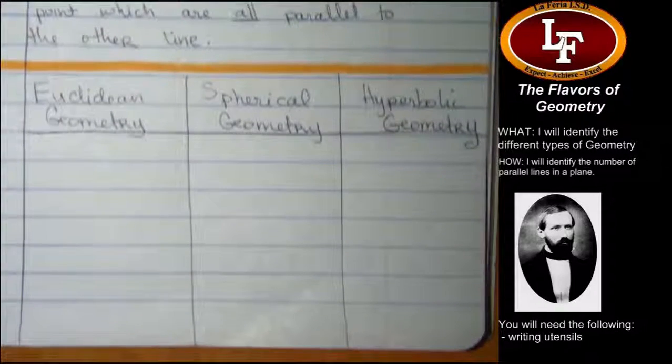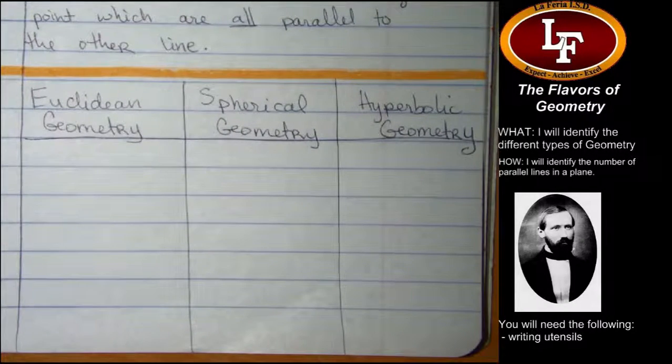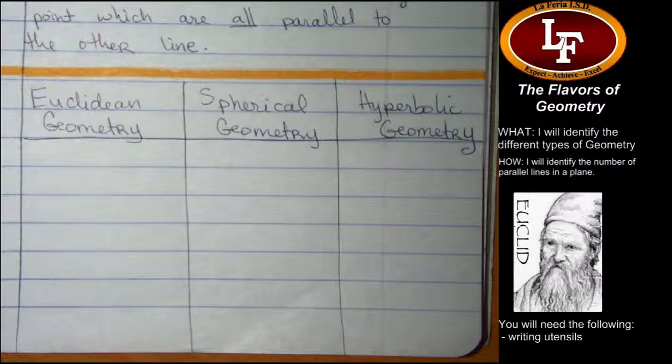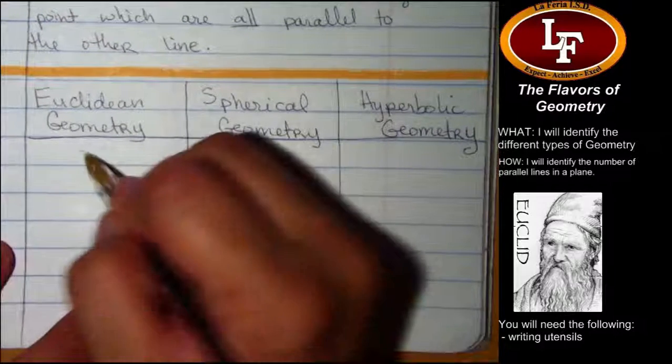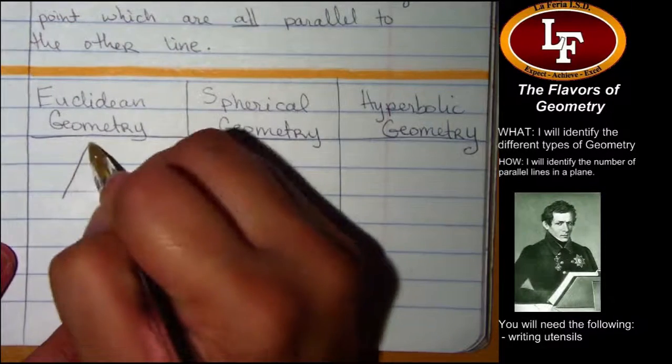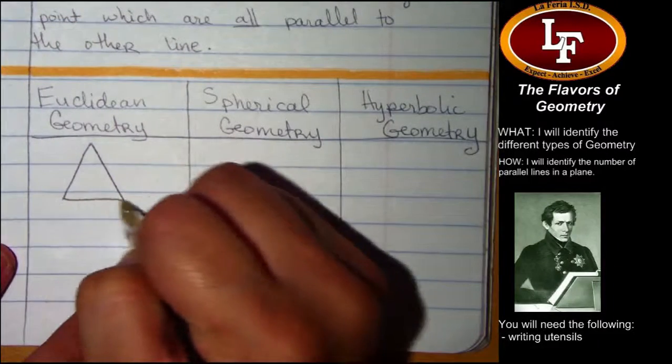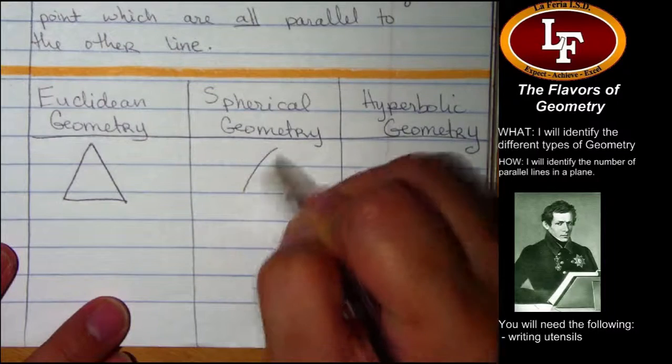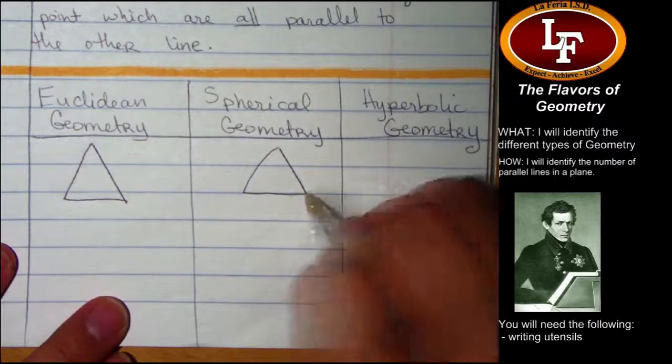So we know each of these geometries are characterized and differentiable, okay, that's a word, by the number of parallel lines that we find in them. But these numbers of parallel lines have something very important to tell us about the nature of triangles in the space.